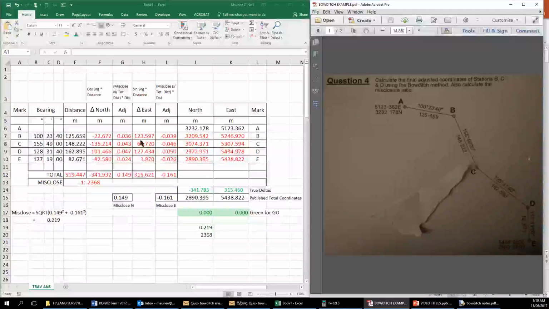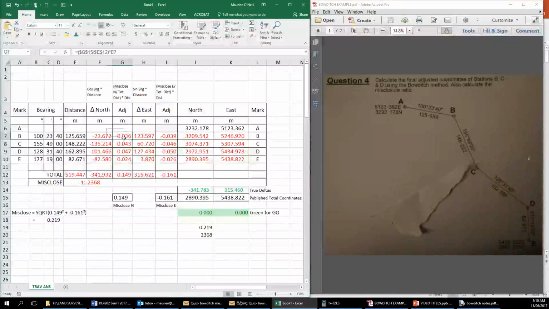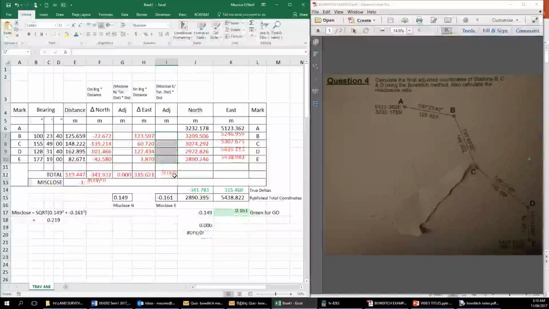Now I'll show you here. This is obviously the answers, so I'll just delete those from there. And what you'll see, of course, is this is in the northing, and I'll delete those from there, just for now. And you can see here that if we take those out, we get a value in here, 2890246, and that's the unadjusted value.